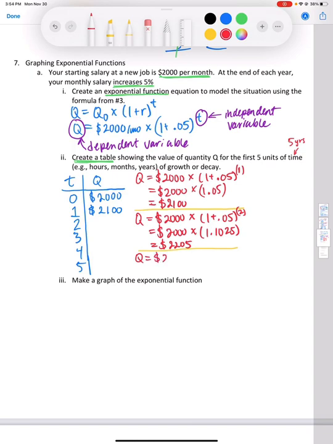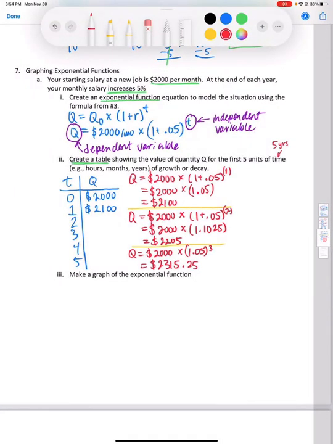So for the third year, we take 2,000 and multiply by 1.05 to the third. And when I do that, I get $2,315.25. Okay, so we can put in our table here: year 2 was 2,205, year 3 is 2,315.25.